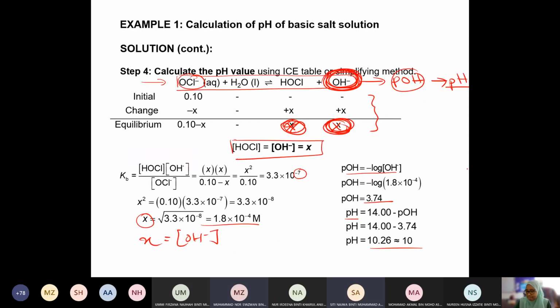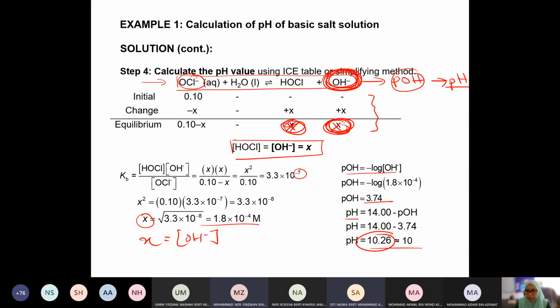Madam. Yep. Yang pH tu madam, final answer mesti bundar ke madam? Jangan bundar. Jangan bundar. Oh. Leave it as this. Okay, I mean, do not round off your value. Okay, saya pun tak tahu kenapa dia round off value dia kat sini.